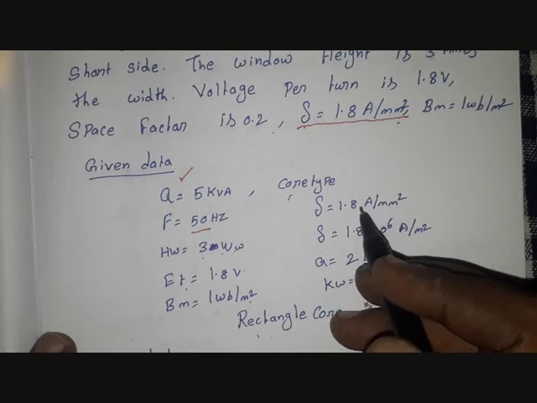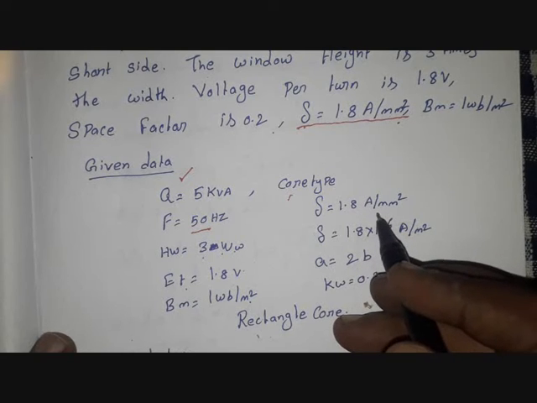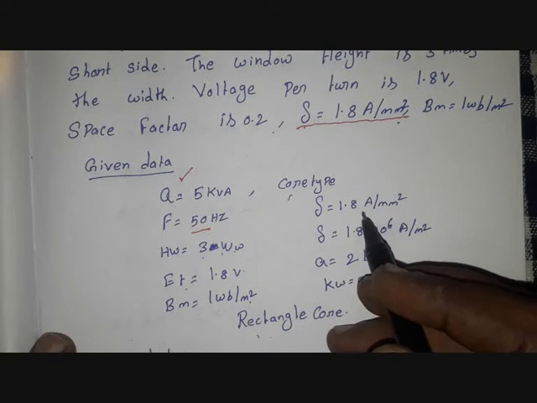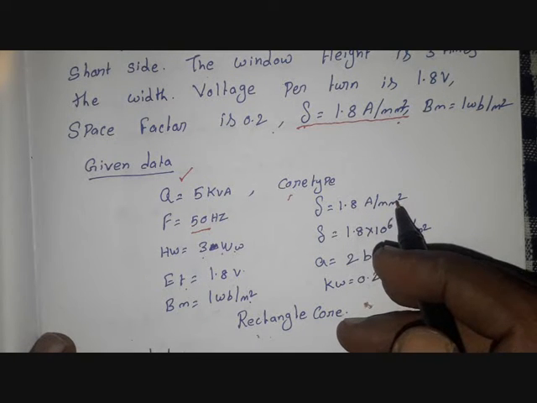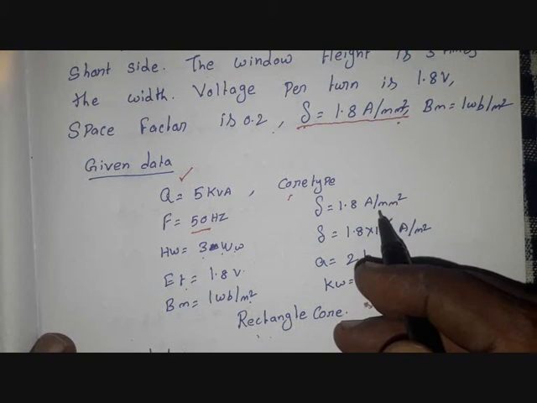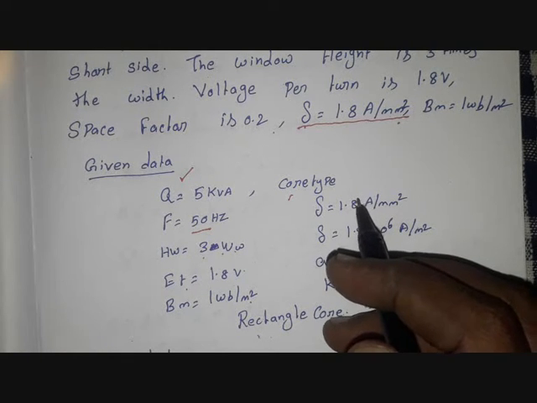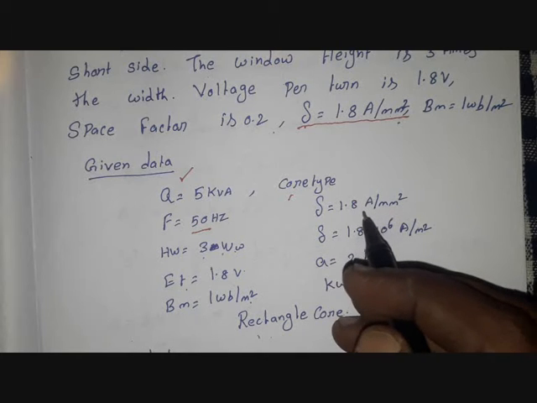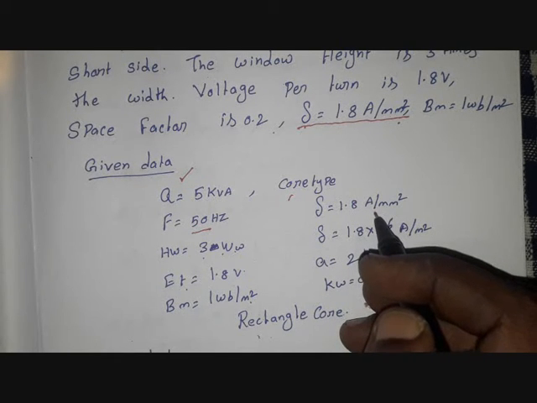We must convert into meter square. In normal conversion, when you convert millimeter into meter, we need to multiply by 10 to the power of minus 3. Here we have the squared value, that's why we write 10 to the power of minus 6. Here it is present in the denominator, it is not present in the numerator.